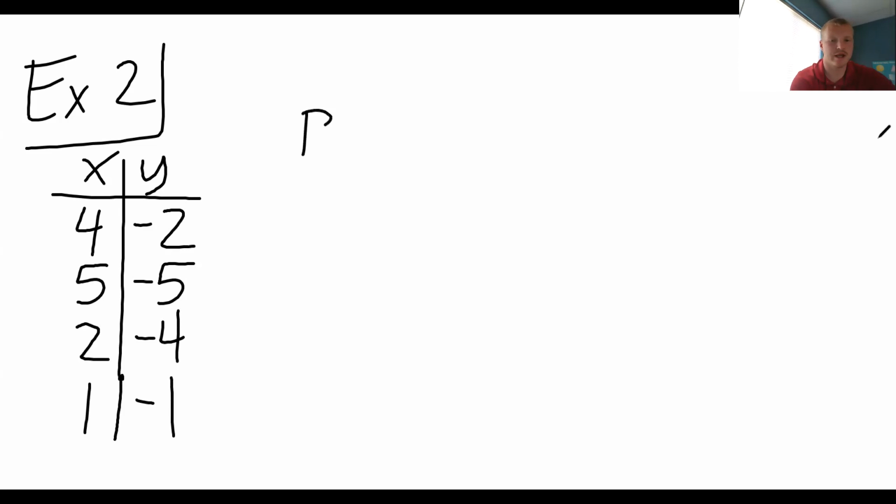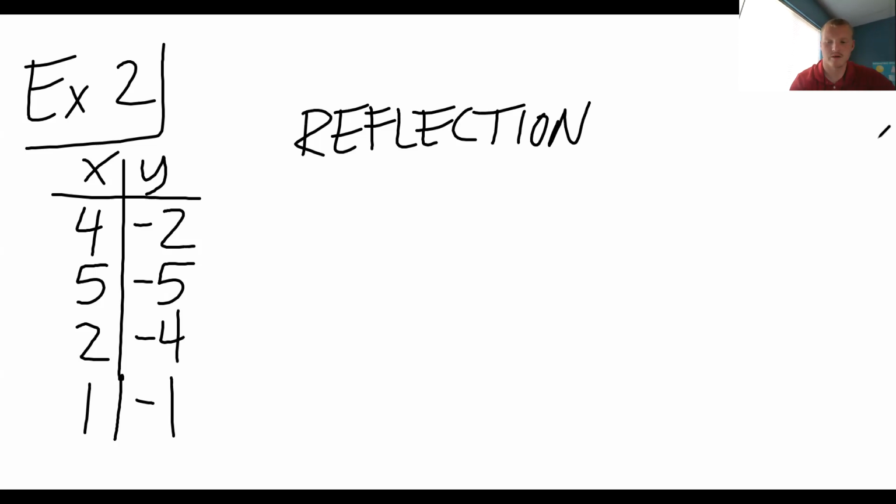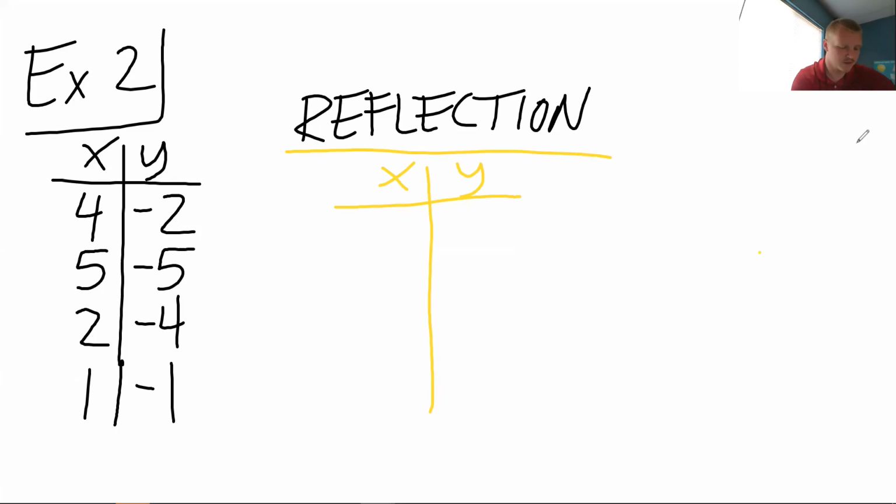If I want the reflection, I'm going to do yellow for that. The only thing I have to do is I just need to take the exact opposite of my X, because I'm doing a reflection across the Y axis.